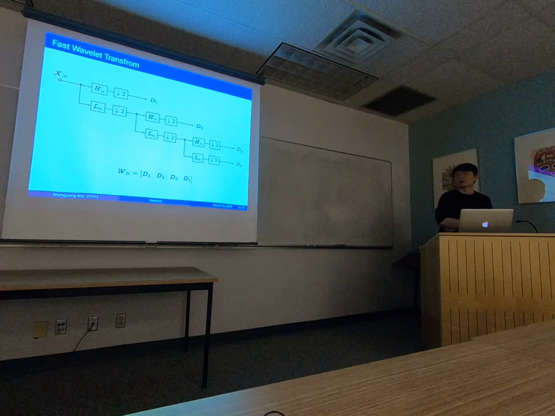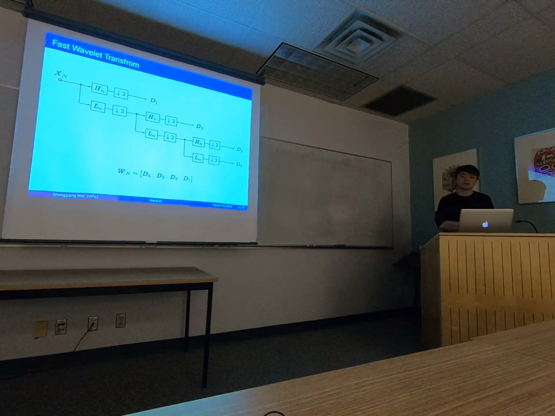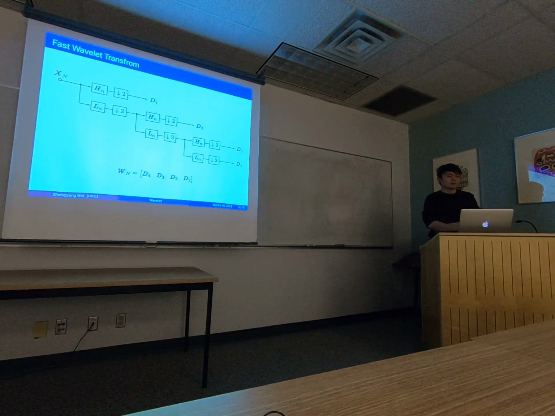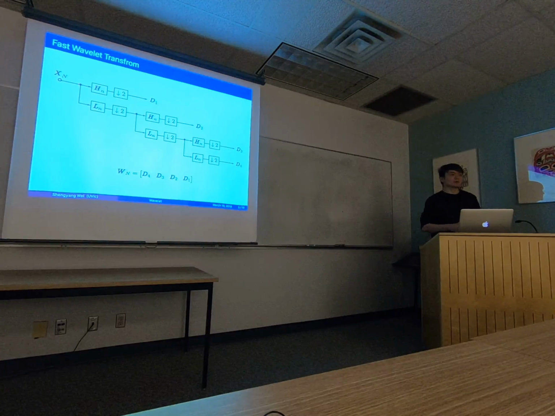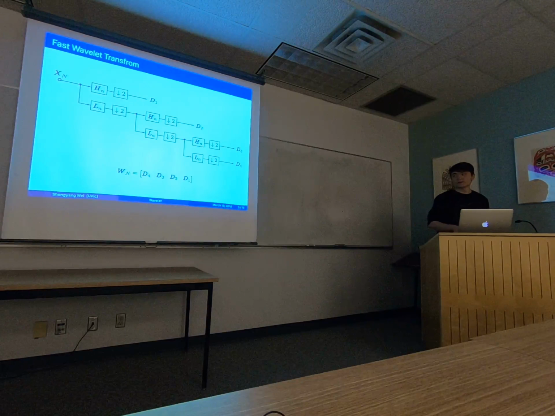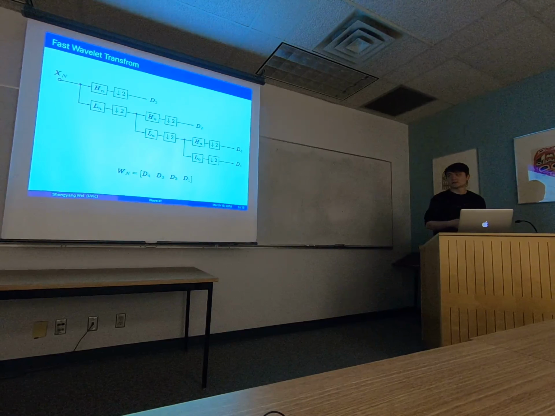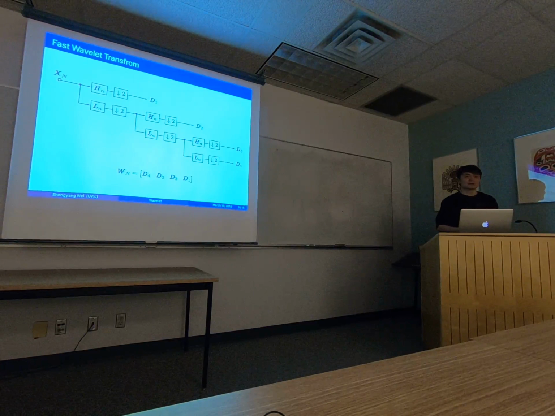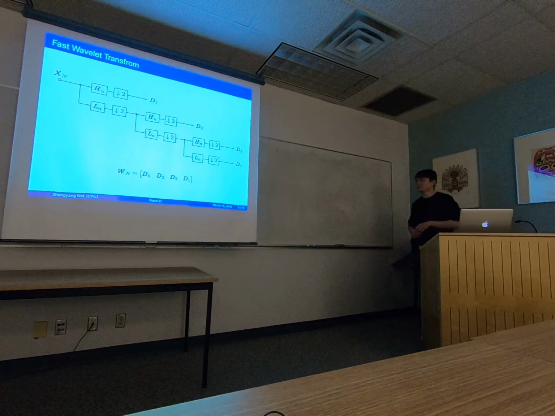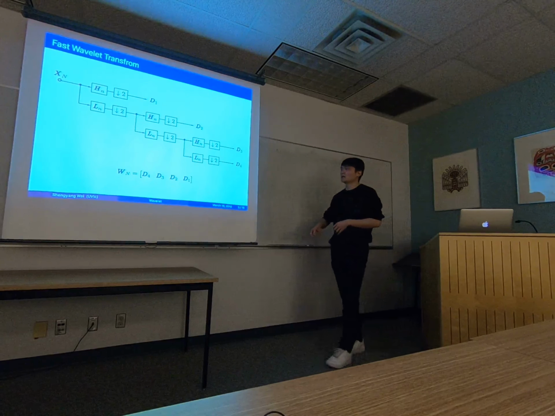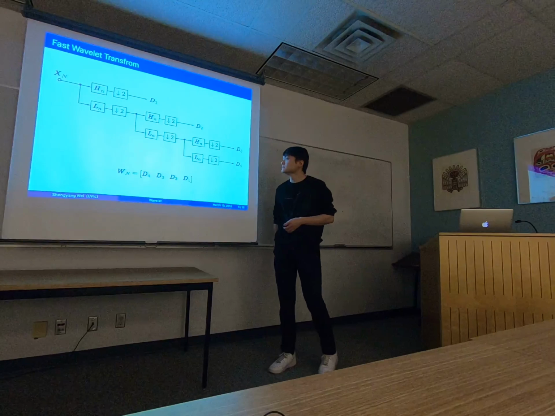For each high-pass filter, it will produce a result, and the final wavelet coefficient is calculated from the results of the high-pass filters and the last low-pass filter, but in reverse order. So you can say the result of the last low-pass filter comes first.